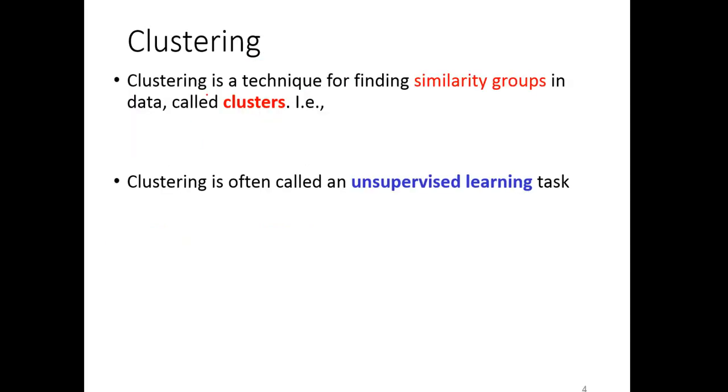Now clustering is an unsupervised learning algorithm because there is no target variable in clustering. Okay, you just have the attributes or the features of something. The clustering algorithm will simply group the data into different segments or different groups.